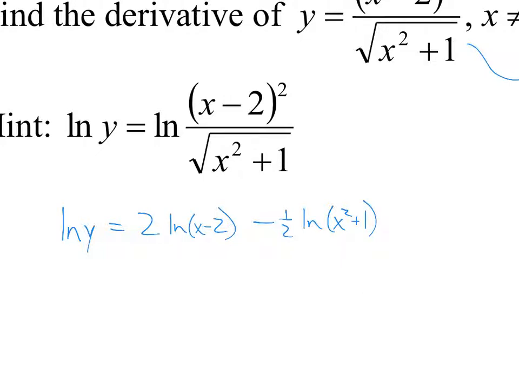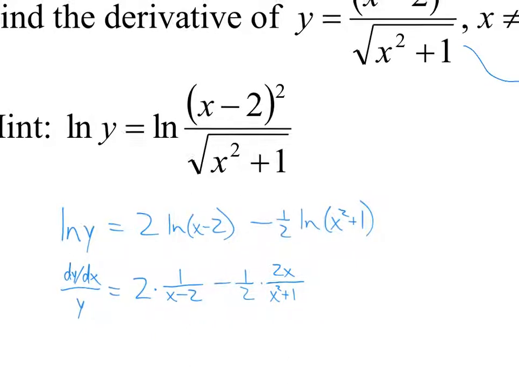So we expanded that log on the right-hand side. And now when we take the derivative, we've got dy dx over y equals 2 times, put the inside on the bottom, the derivative of it on the top, minus a half times x squared plus 1 on the bottom, the derivative 2x on the top.